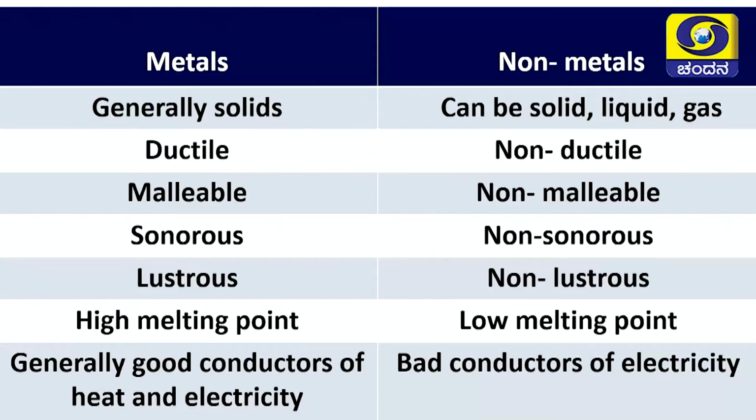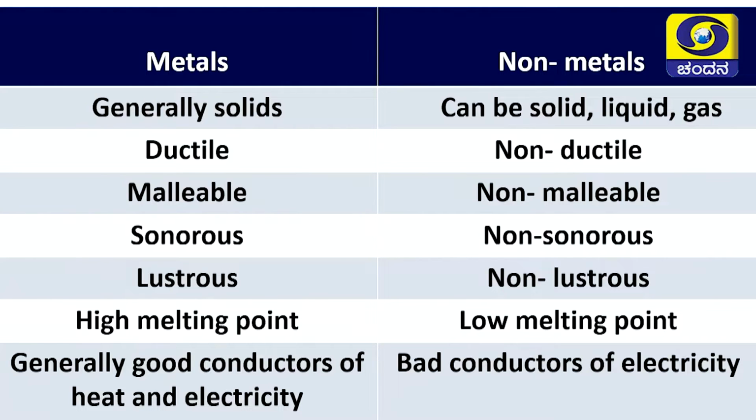Now let us see the properties once again, the things we learned. Let us have a brief summary. Metals are generally solids. Non-metals can be solid, liquid or gas. Metals can be ductile, that means they can be drawn into thin wires. Non-metals are non-ductile.